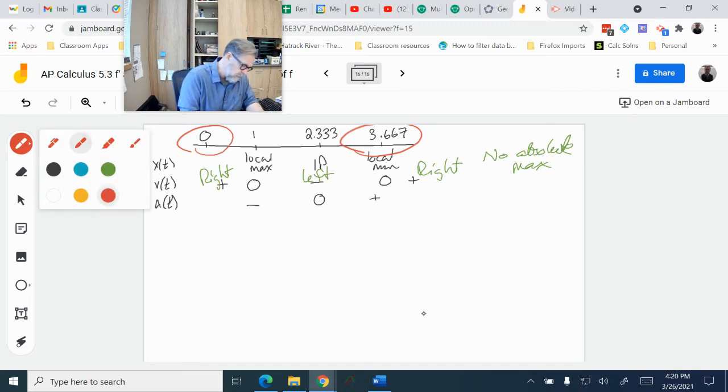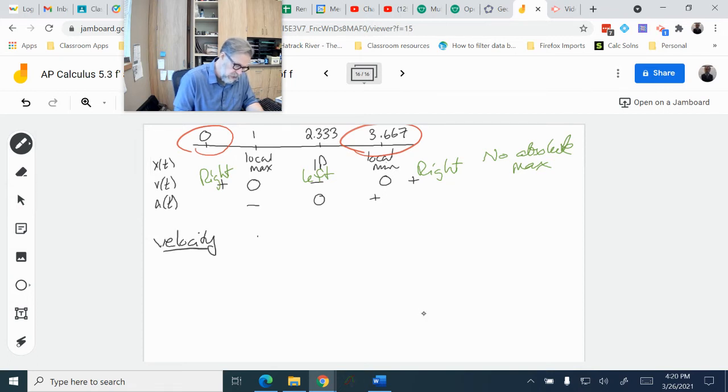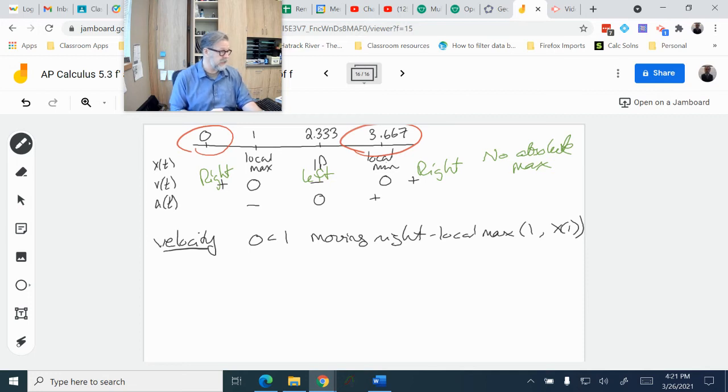So let's write down what we've got here. Velocity, what do we know? In the interval 0 to 1, the particle is moving right, and it reaches a local maximum at 1 comma x of 1. I didn't calculate these in advance, so I'm not going to.